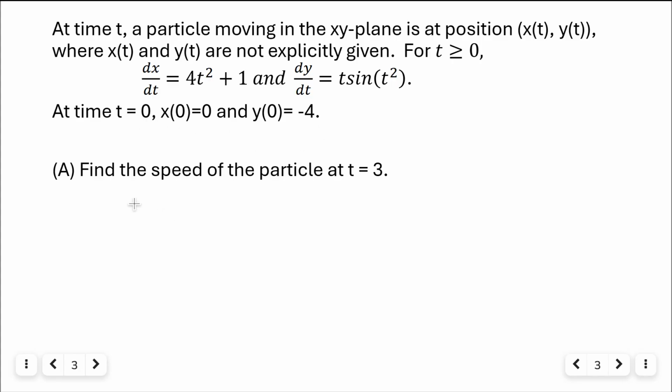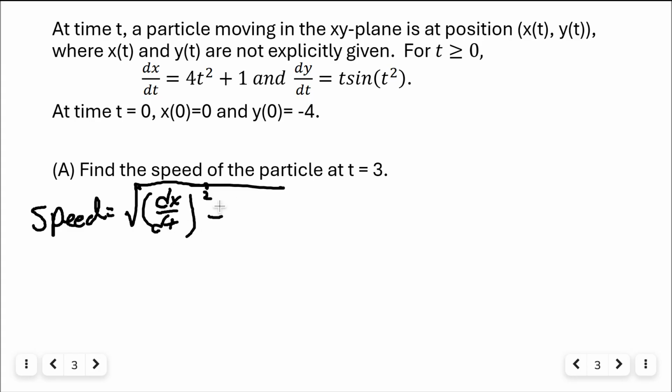In part A, they want you to find the speed of the particle at t equals 3. To find the speed, it is the square root of (dx/dt) squared plus (dy/dt) squared. I know what dx/dt is, so let's evaluate it at t equals 3.